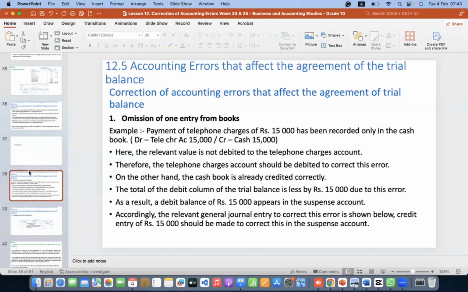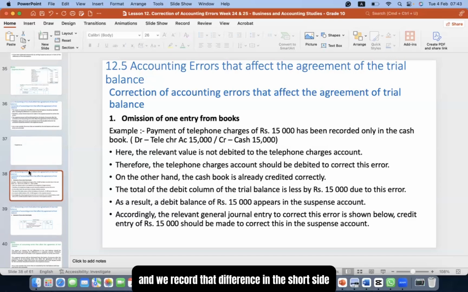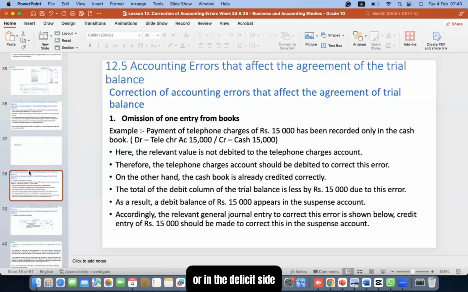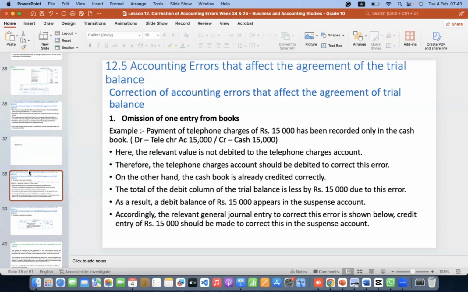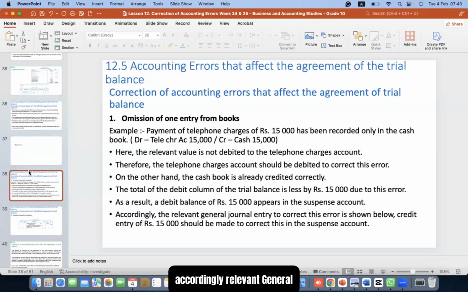Arapi kata una wage, the difference is 15,000 and we record that difference in the short side or in the deficit side. Therefore, we have to record it in the debit side. So accordingly, the relevant general journal entry to correct this error is shown below.